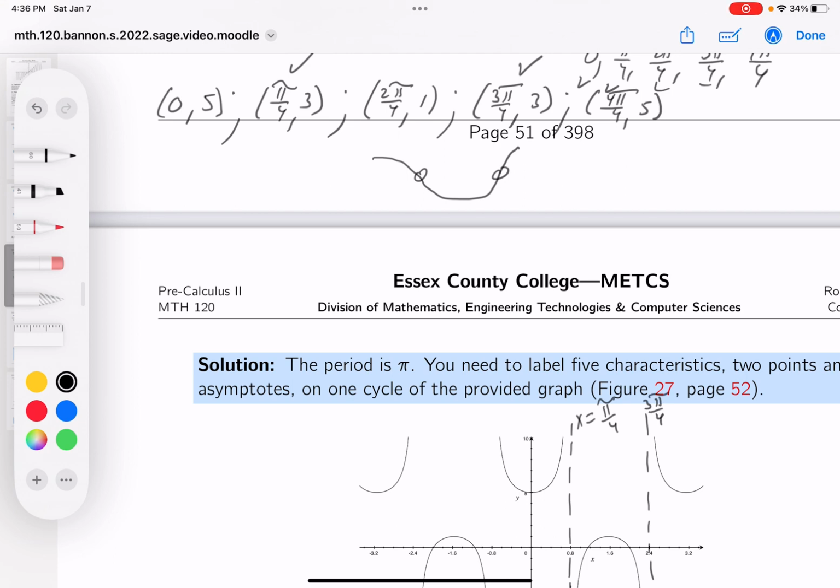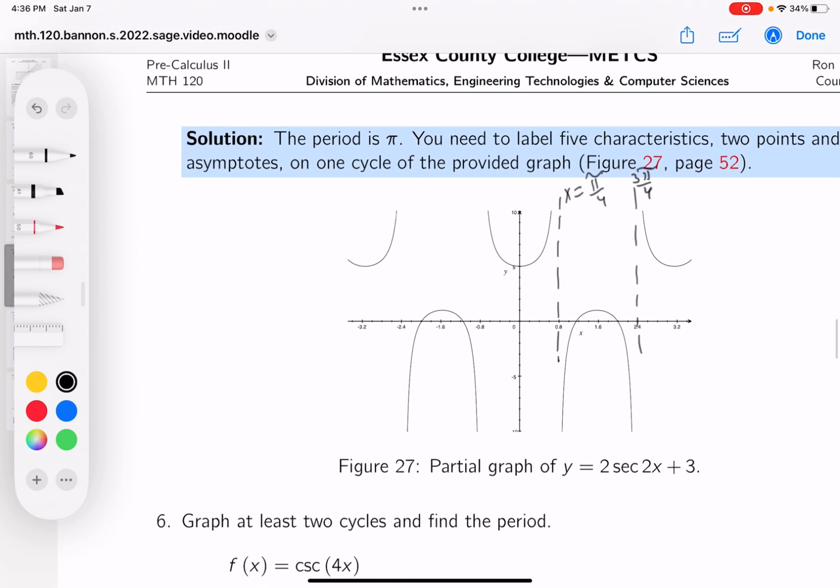Now, what's nice about this, I could count off asymptotes now. So, for example, this one over here, clearly symmetric, x equals minus pi over 4. I could put this one down. And what's that going to be? Well, that would be x equals minus 3 pi over 4. And again, we could do this all day long, but I'm just looking at the picture.